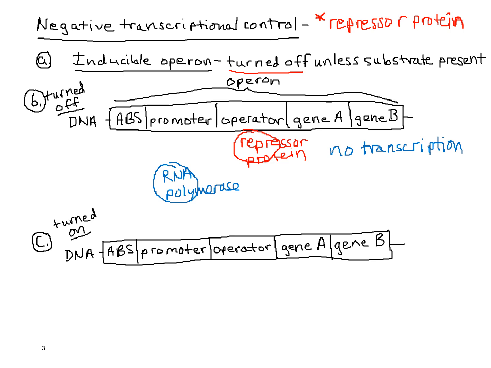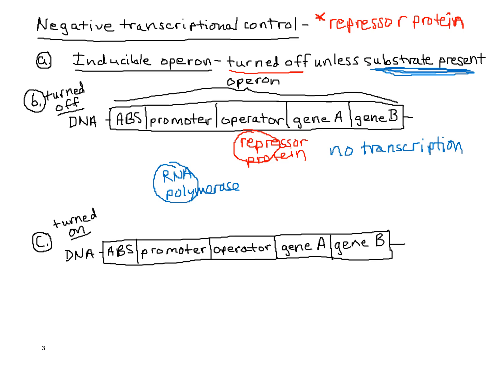Okay, part C of the question will be, well, how would we turn this operon on under negative transcriptional control? Well, we want to turn the operon on when our substrate is present. So maybe lactose is present. That's our substrate, so we'd want to turn this operon on. So we've got to get our repressor protein off the operator.